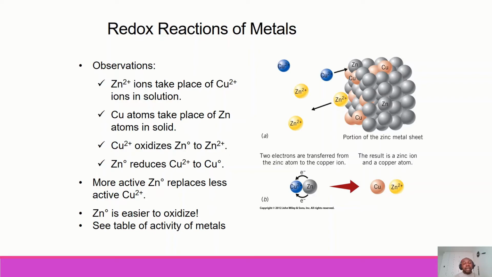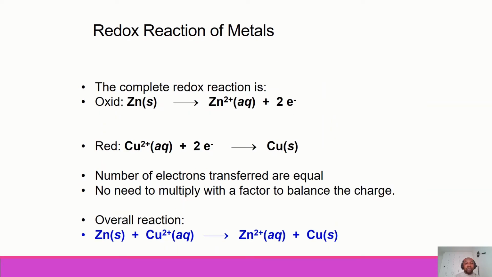So zinc is easier to oxidize, and the reason why, we'll see on the table. Let's look at the redox reaction of the metals. From what we've explained earlier, zinc is being oxidized, moving from ordinary zinc to zinc 2+. That's oxidation. For reduction, copper is moving from copper 2+ to copper.